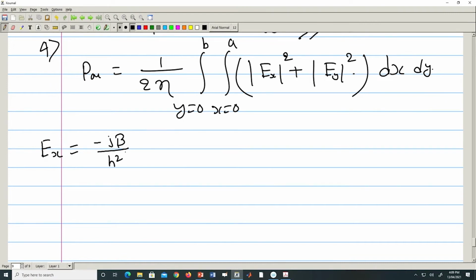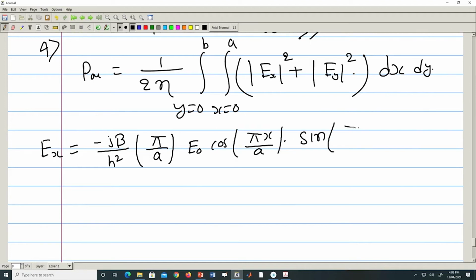The third problem was for the TM23, but here it is for the TM11: minus j beta by h square, pi by a, for m equal to 1, E naught cos of pi x by a into sin of pi y by b, e to the power minus j beta z.